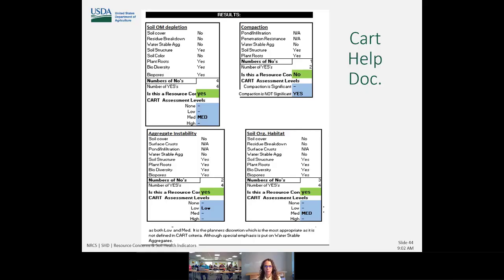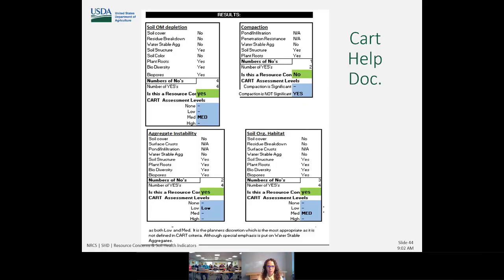And then we have a couple of other examples here for different circumstances. For compaction, we didn't assess penetration resistance or infiltration, but we identified that water stable aggregates did not meet the criteria, and that soil structure and plant roots did. And so this was not identified as a resource concern, and the CART assessment level would indicate that compaction is not significant.